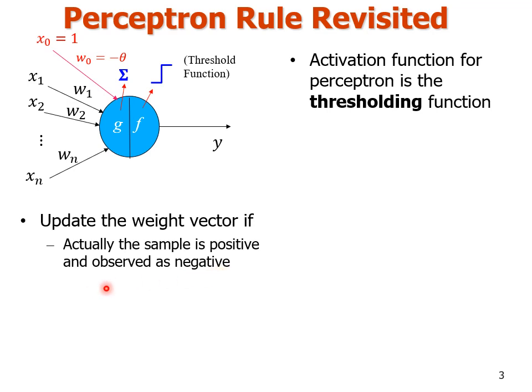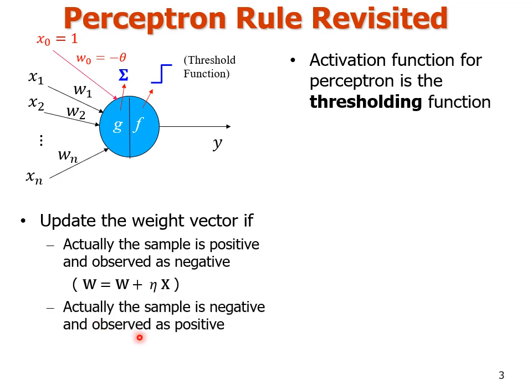So, in this case we update the weight vector as w equal to old w plus eta into x, and if actually the sample is negative and observed as positive by the perceptron, then also we are going to update the weight as W equal to W minus eta x. As I mentioned, eta is the learning rate, which is a small positive constant.